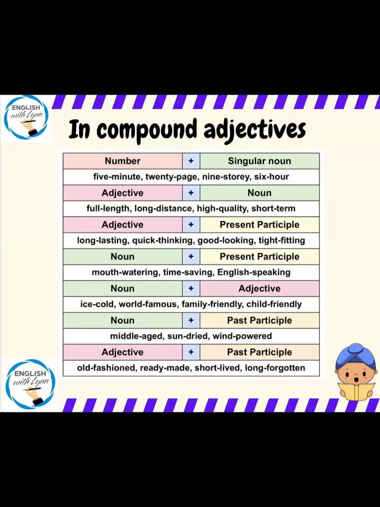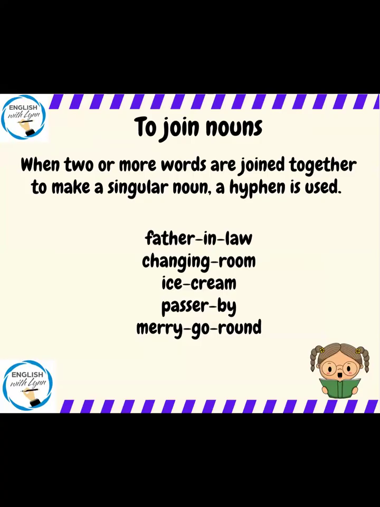Okay, then we have hyphens that join nouns. What that means is one, two, or three words that are joined together and they make a singular noun. So the word here, father-in-law, it is one noun, it's one person.